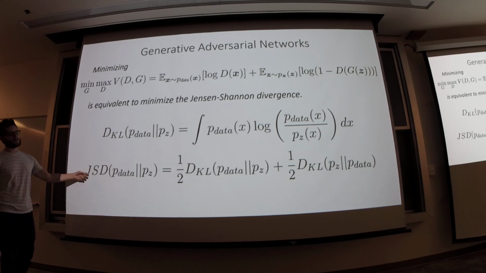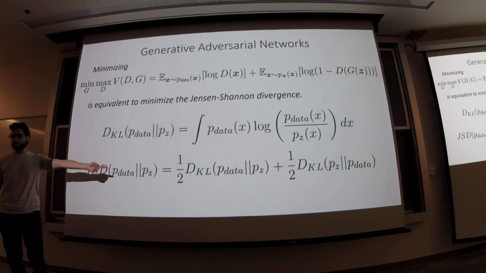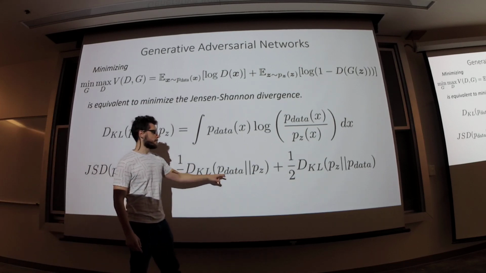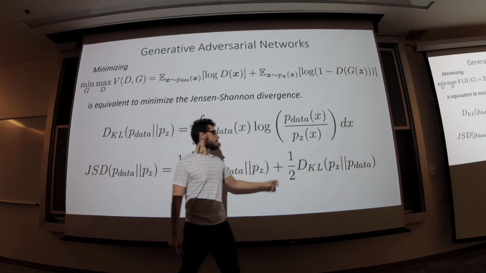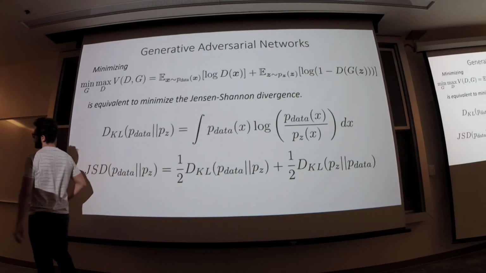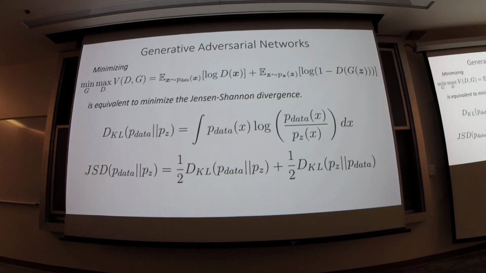But the Jensen-Shannon divergence is symmetrical, because it's half of the KL divergence of P data and PZ plus half the KL divergence of PZ and P data. So if we are able to minimize this, remember that the KL divergence is a way to quantify the distance between two probability distributions, right? So if we minimize this, it means that the two probability distributions are exactly the same. Okay?